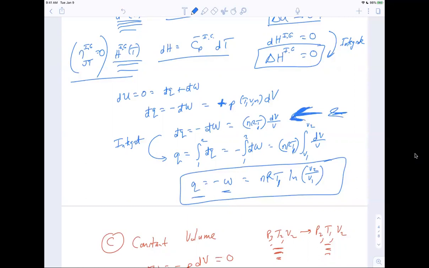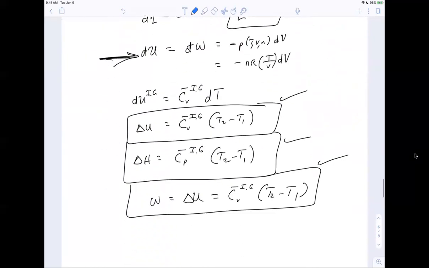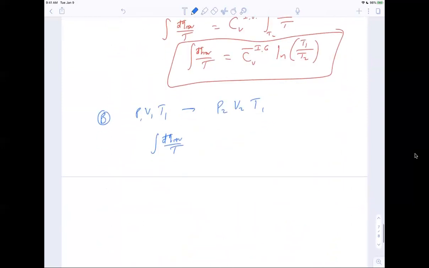So dq is equal to minus dw. Let's start with that. dq reversible then is minus dw over T. But we know that minus dw is just going to be P dV. We lose the sign.